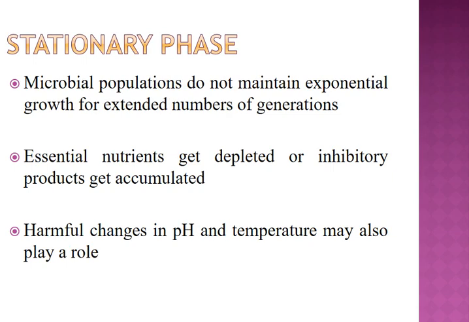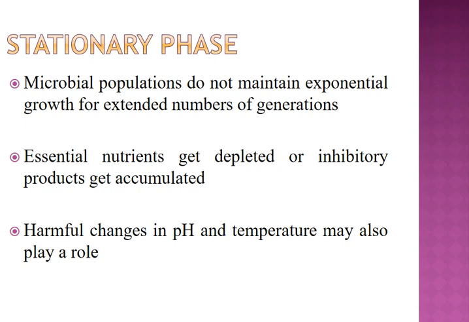Since this culture system is a batch culture system in which we do not add fresh nutrients, log phase doesn't last for a longer period. Because as bacteria multiply rapidly, their number increases, and this increased number will lead to increased uptake of nutrients.